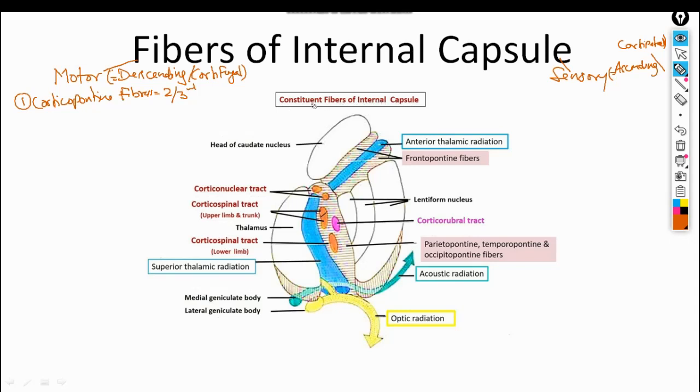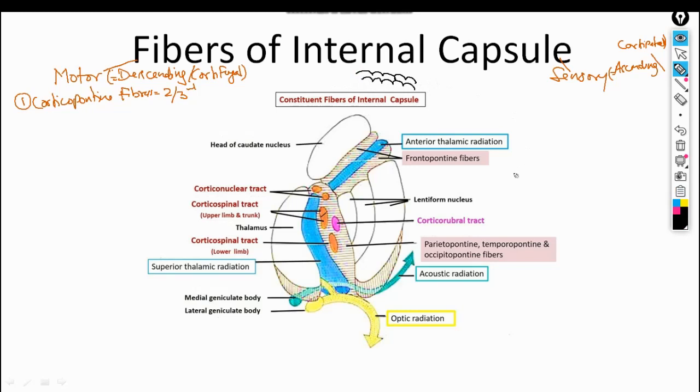For this, I think it's better to draw the cerebral cortex of each lobe. So first, this is the cerebral cortex of the frontal lobe.